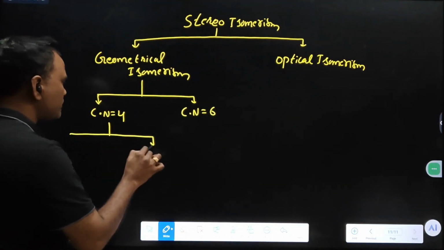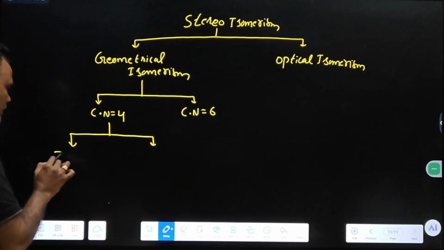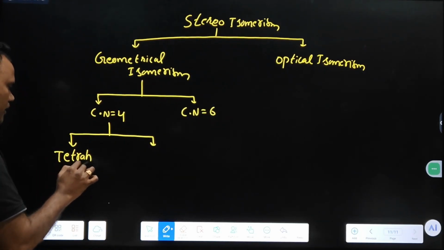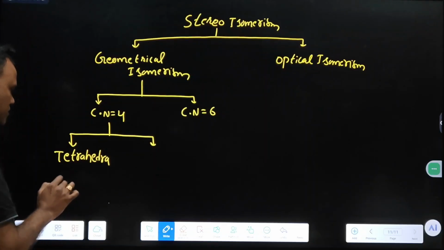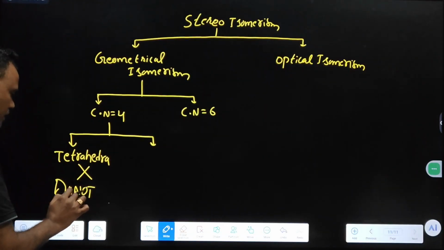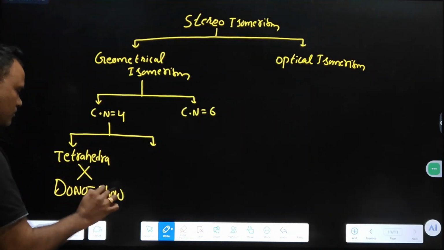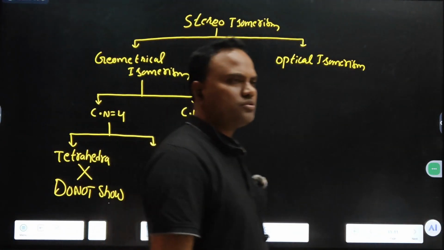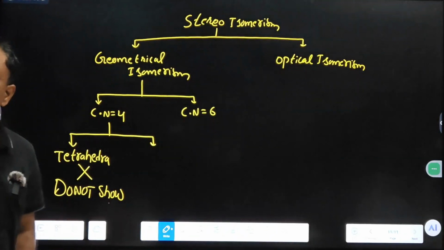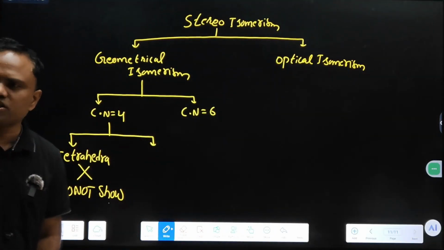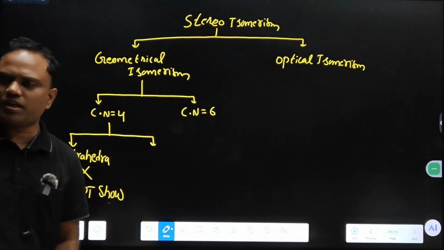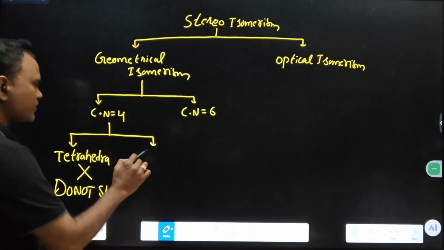With coordination number 4, very, very important, tetrahedral complexes do not show geometrical isomerism. Highlight this. What are the possible geometries with coordination number 4? Tetrahedral and square planar.